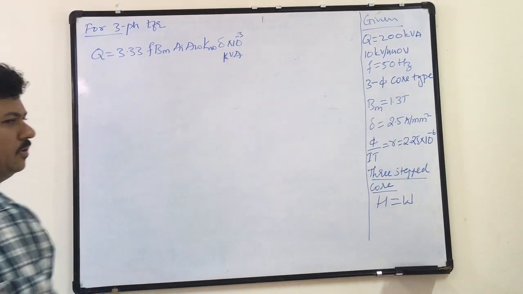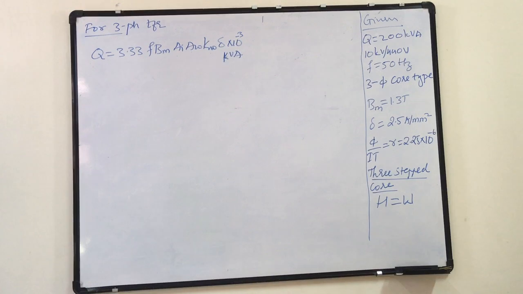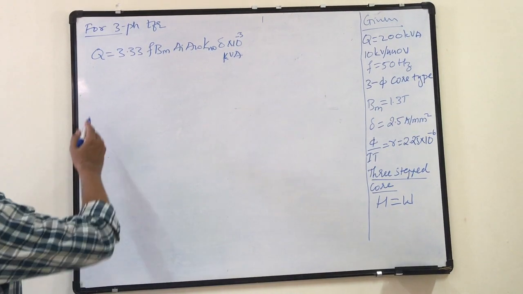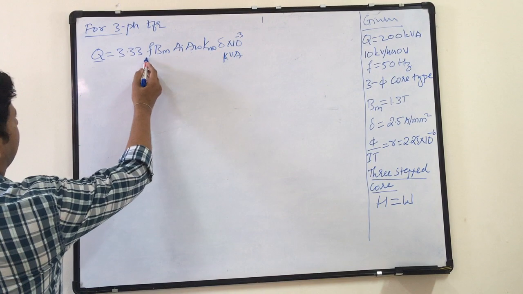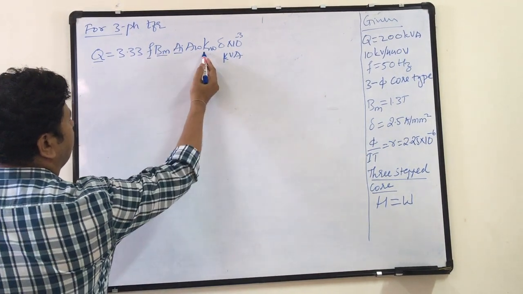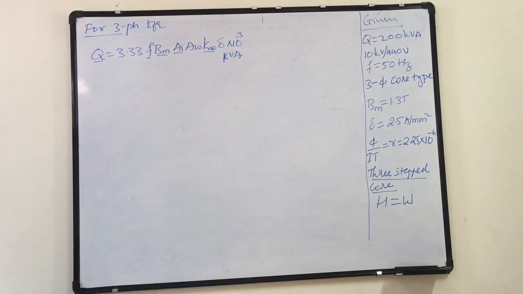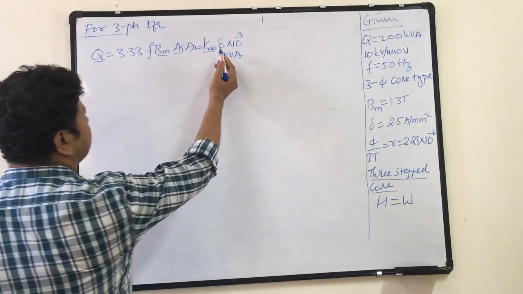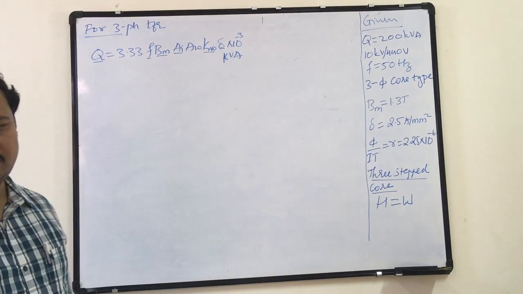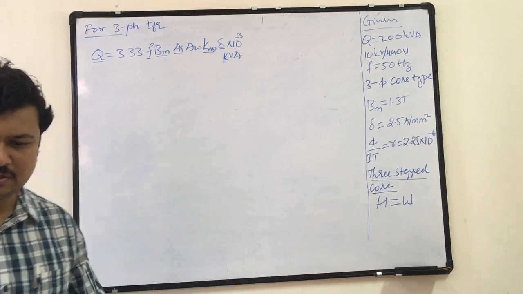So for single phase it is 2.22, for three phase it is 3.33. From this equation I know the value of Q, frequency is given, Bm is given, AI I have already calculated, Kw I don't know here. Delta is given. So now I should be finding Kw. Kw is not given directly in the problem statement.